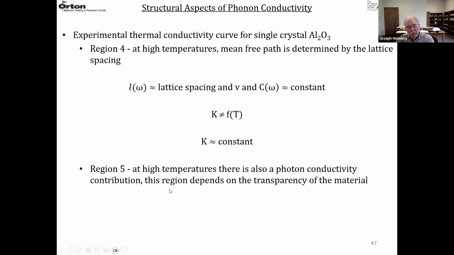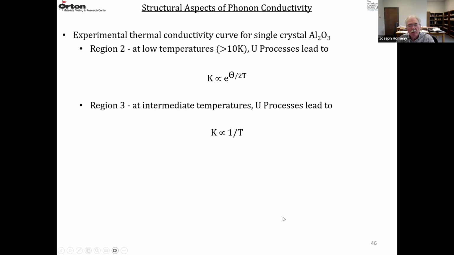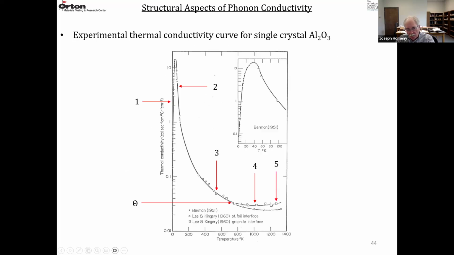So region 5 depends on the transparency of the material and the pore volume. So there may be a little bit of an upswing in conductivity due to the photon or radiation conduction taking place. So we're primarily interested in this region here, part of region 2, 3, 4, and 5.